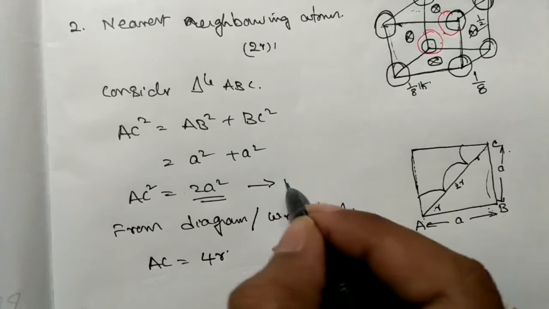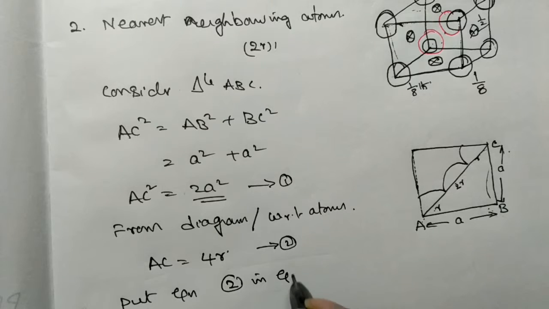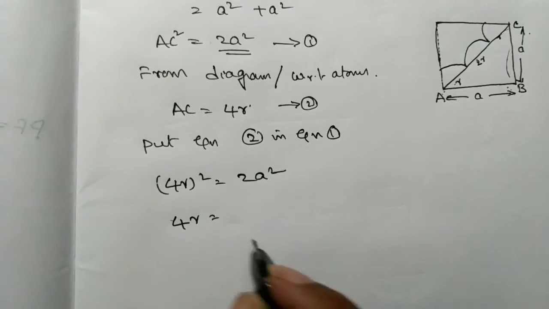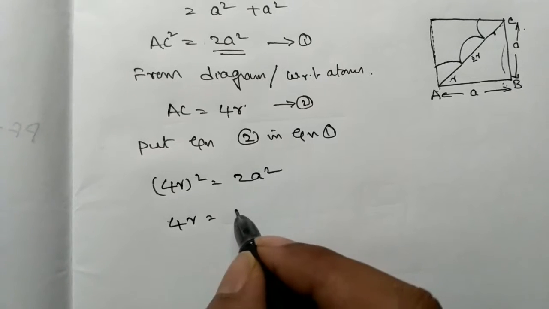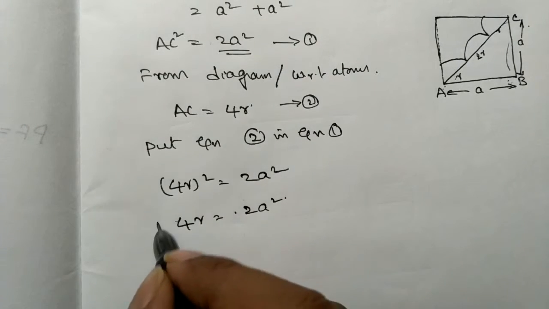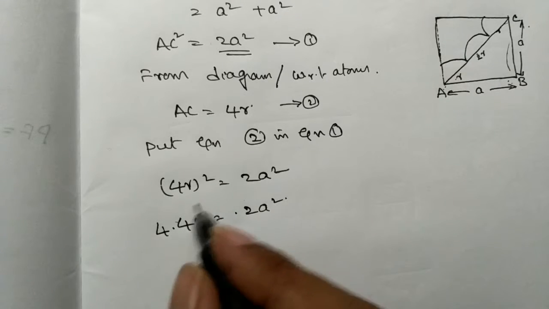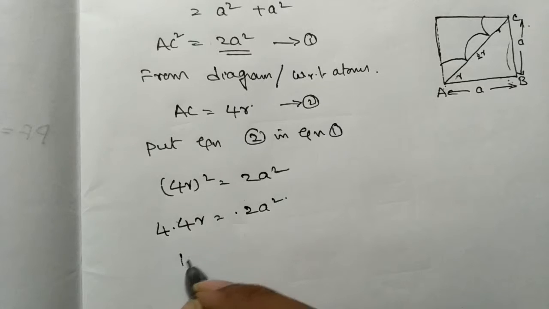Now, this is equation 1, this is equation 2. Put equation 2 in equation 1, means 4R square is equal to 2A square, that is 16R square equal to 2A square.